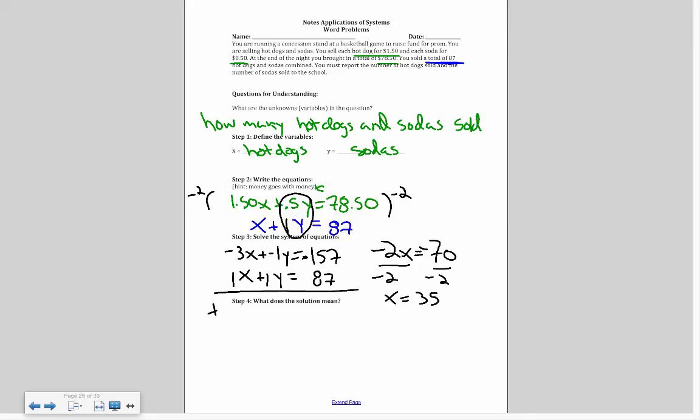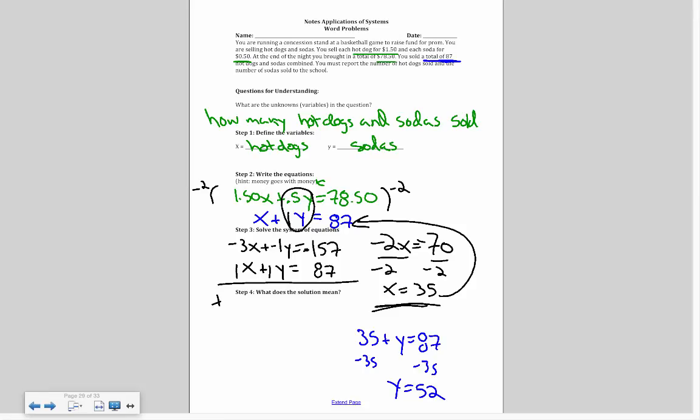Now what I do is I have to take this x equals 35 and plug it in somewhere. The easier equation to plug it into is that second one, because it's just x plus y. So if I plug it in there, it becomes 35 plus y equals 87. I subtract 35 from both sides. y equals 52.